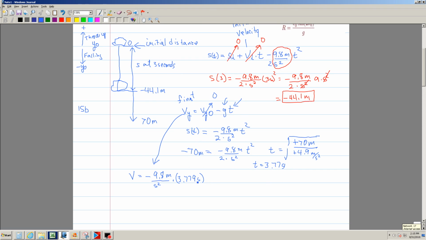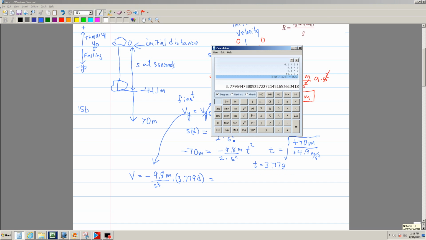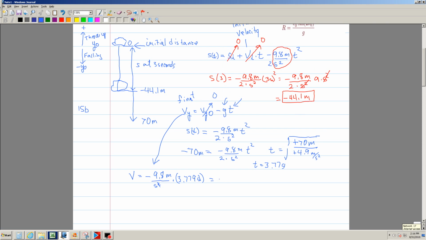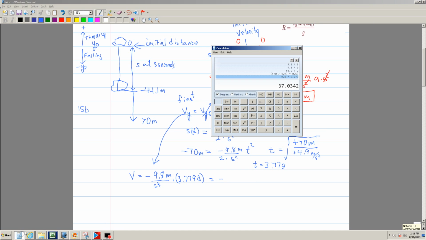The seconds cancel, and you're going to have 9.8 times 3.779, or 37.03.